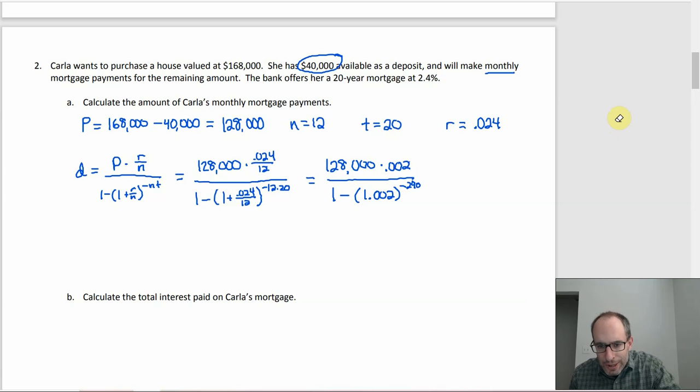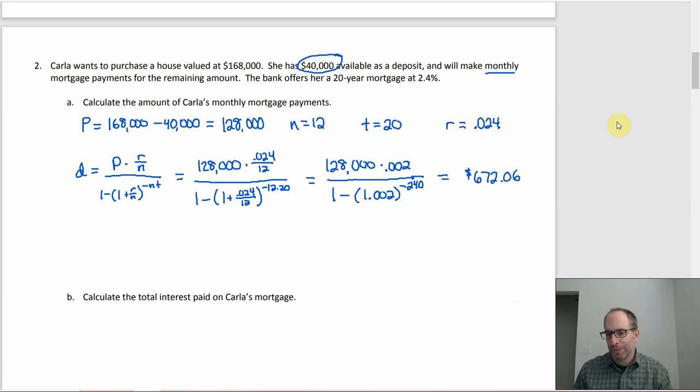Once again, I can never write 4s in exponents with this tablet. I don't know what that's about. There. And this ends up being 672.06.